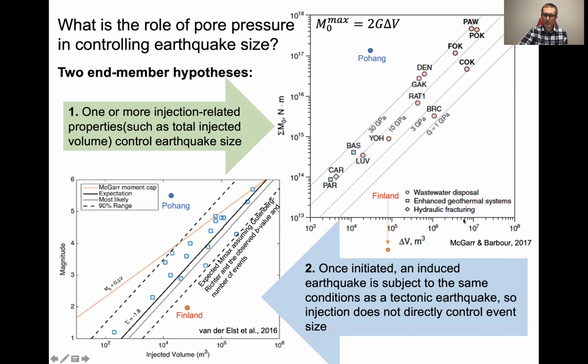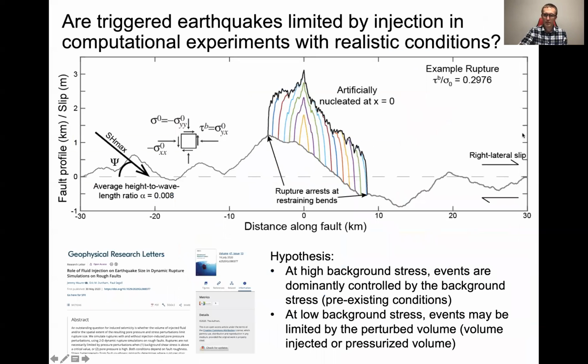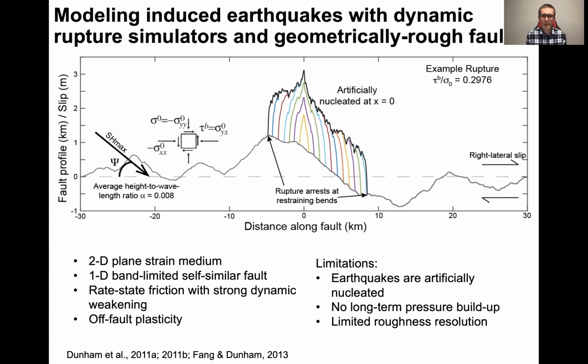To do that, in this study, we're using a 2D dynamic rupture simulator called FDMAP. And you can see we published a paper about this in Geophysical Research Letters. Basically, we're incorporating the effects that we think are active in dynamic rupture, such as off-fault plasticity, strong rate weakening friction, and 1D band-limited self-similar faults embedded in the 2D medium.